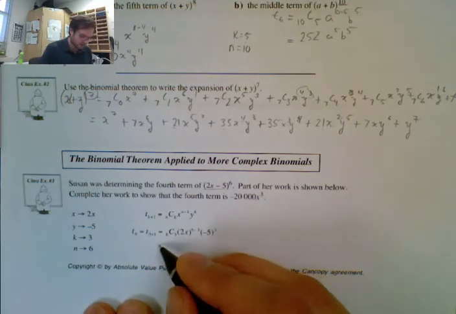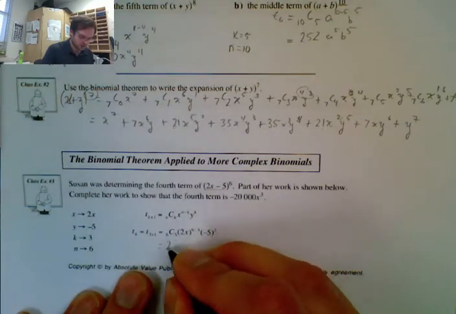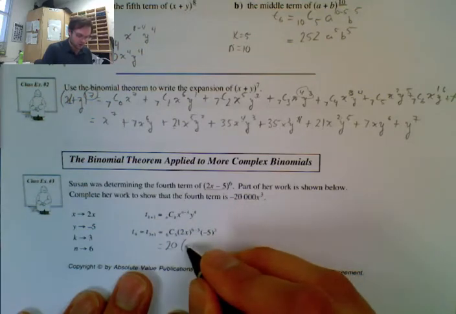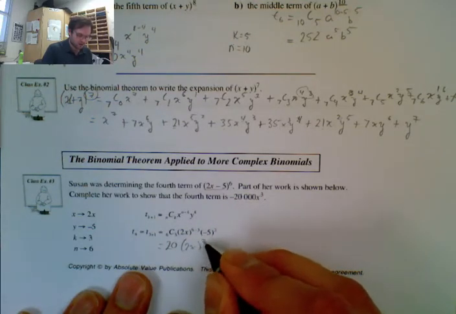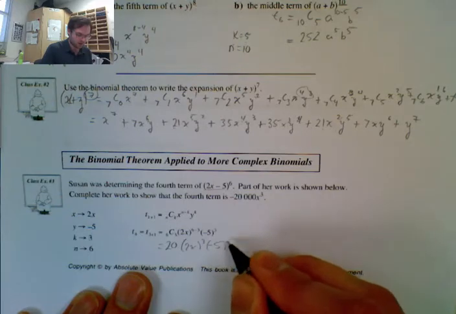This is going to give me 6 combination 3, which is the same as 20. And then we have 2x to the power of 3 minus 5 to the power of 3.